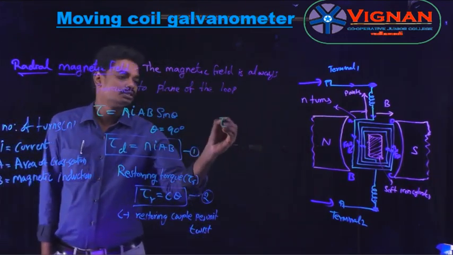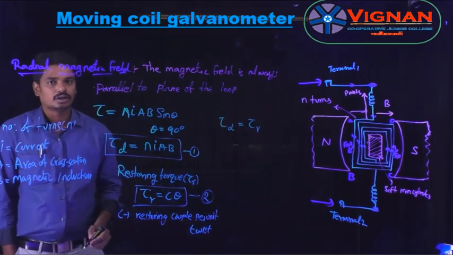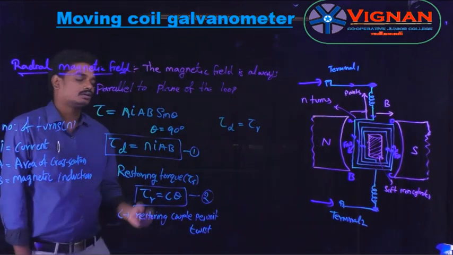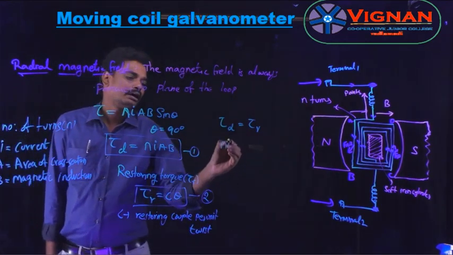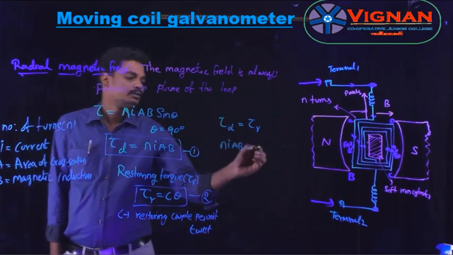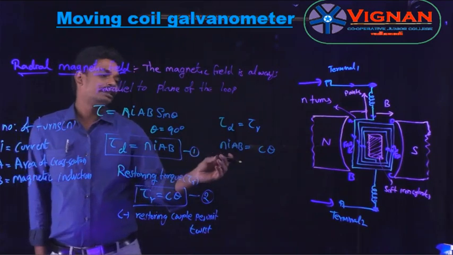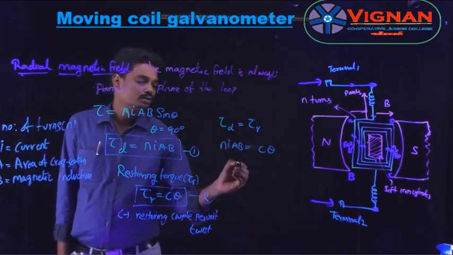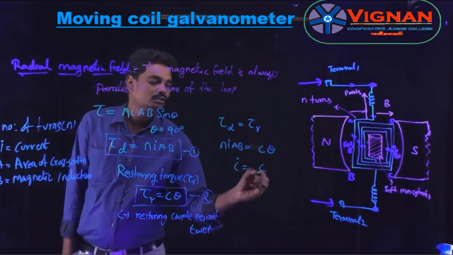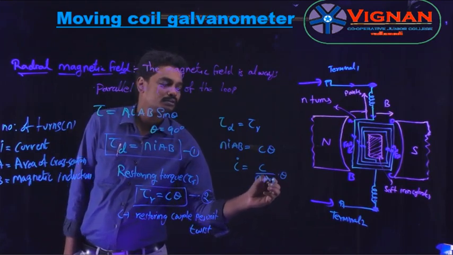So tau d is equal to tau r. The restoring torque should be equal to the deflecting torque. So NIAB is equal to C into theta. Here we need to calculate the current. So current I is equal to C divided by NAB into theta.